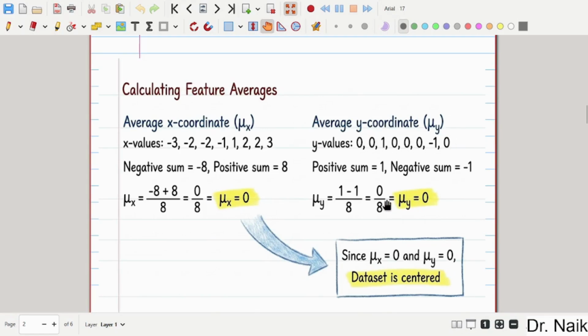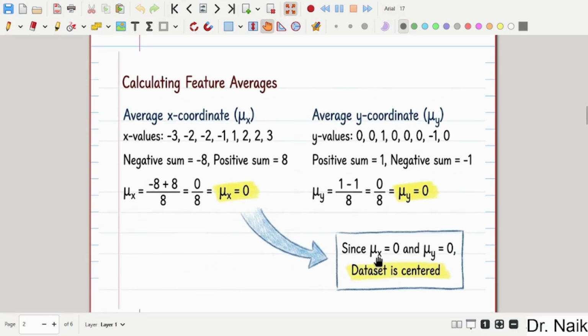Their sum comes to 0. Therefore mu y is equal to 0 divided by 8. Therefore mu y is equal to 0. That is, the average of the y coordinate is 0. In our example, mu x is equal to 0 and mu y is equal to 0. Therefore we can say that the data set is centered.